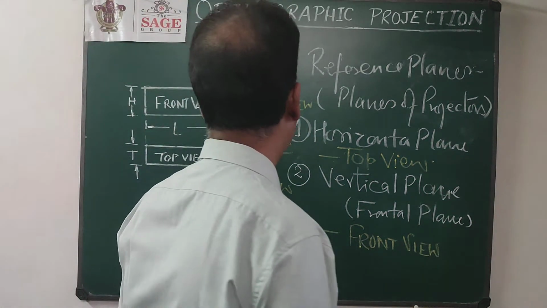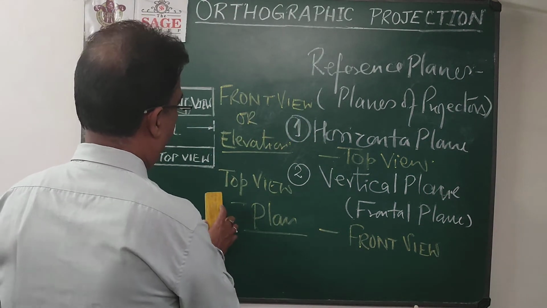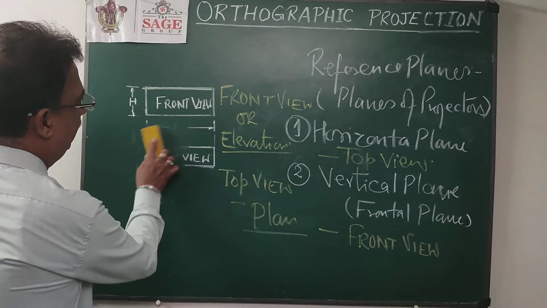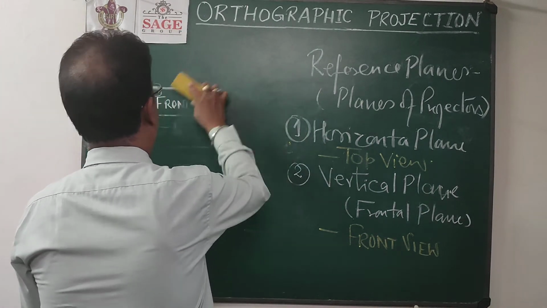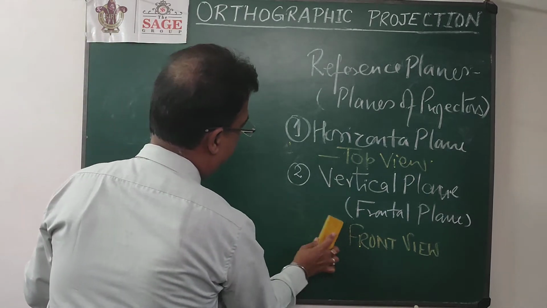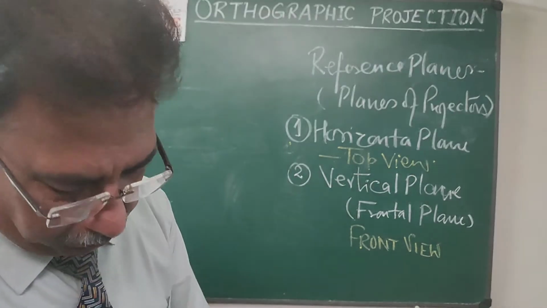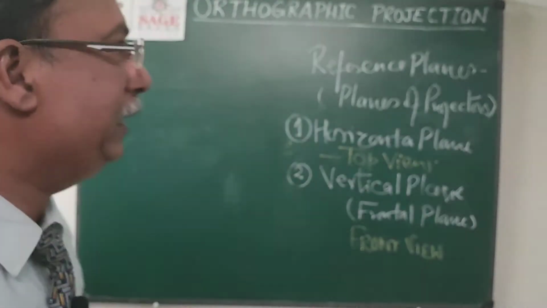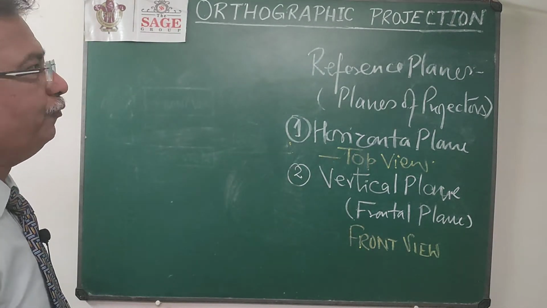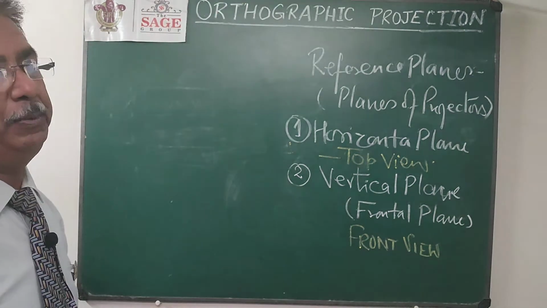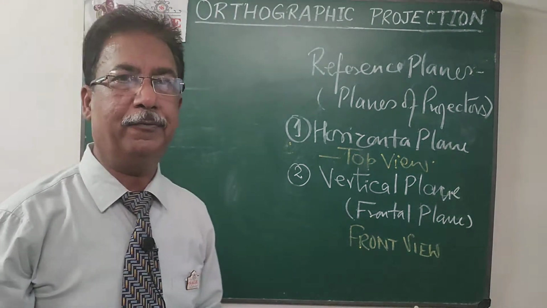So in this way, these two planes will make one quadrant system, and that quadrant system is like what you have used in graph paper, which is a 2D quadrant system. But in our drawing, we actually have a 3D quadrant system. So this vertical plane, this horizontal plane. If I look from the front, the vertical plane will look like a rectangle and the horizontal plane will be a line.